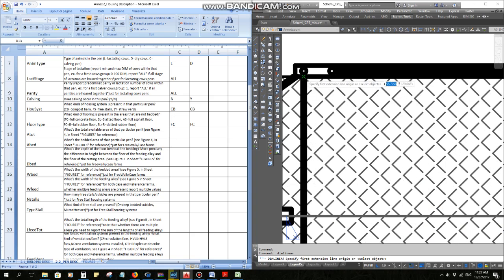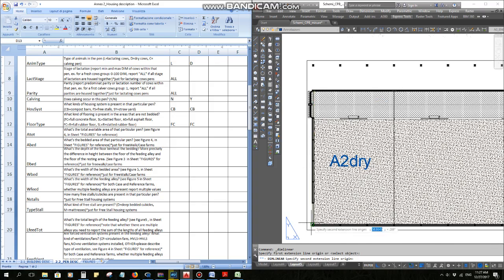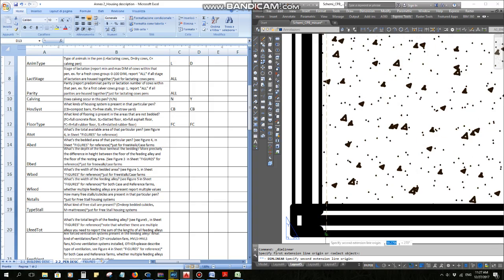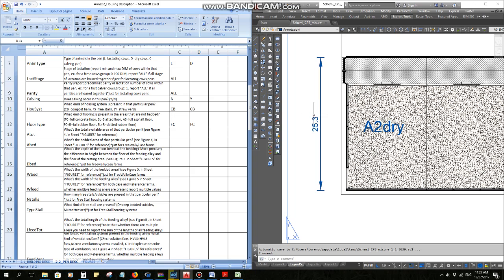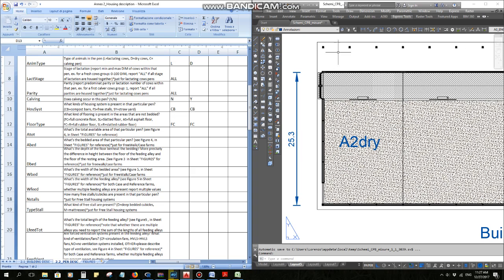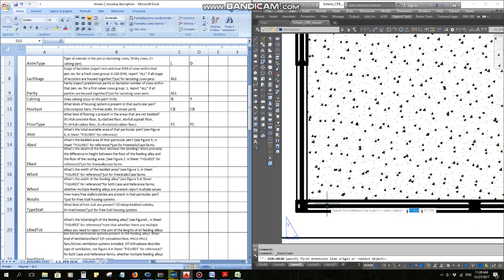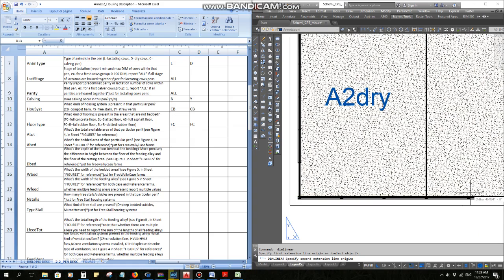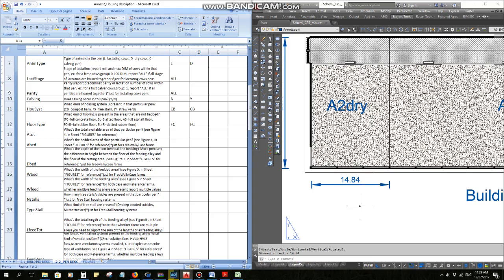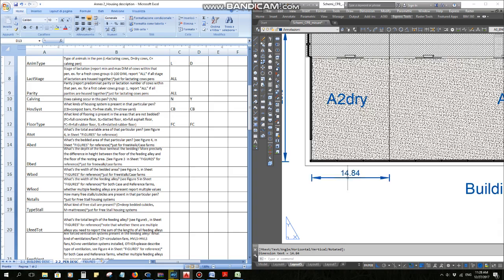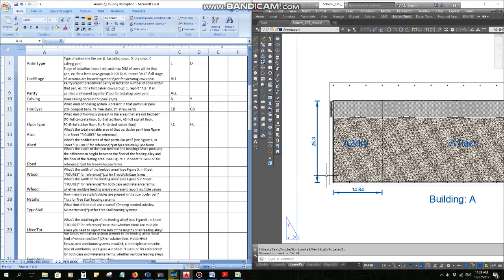We need to measure this length, the total width of the pen, including the feeding lane. So this is going to be 25 by 3 meters. And how wide is that? Approximately, it's going to be 15 meters. But anyway, it's going to be 14 by 8.